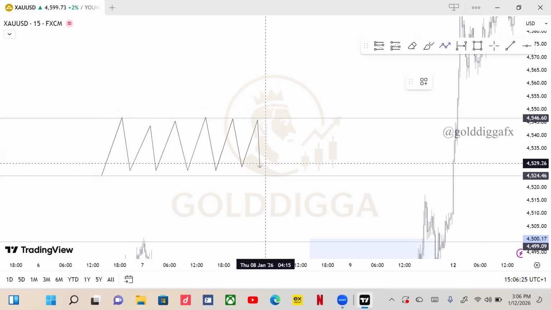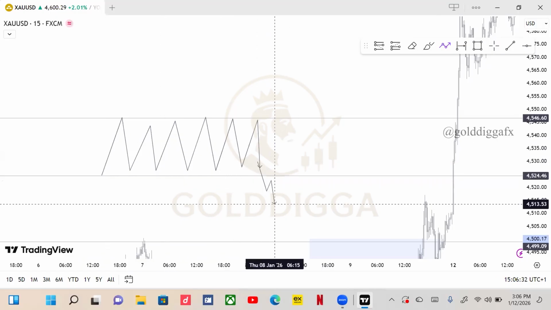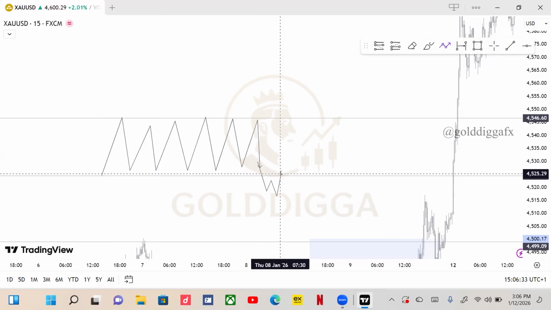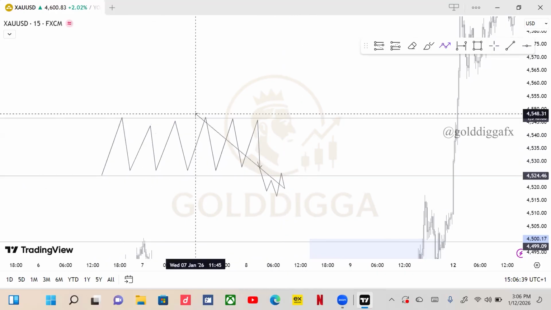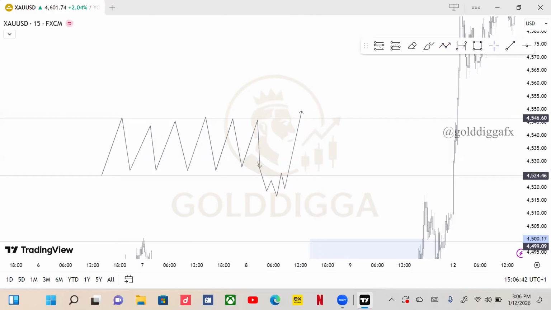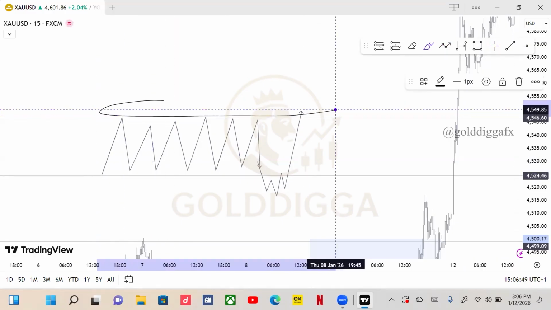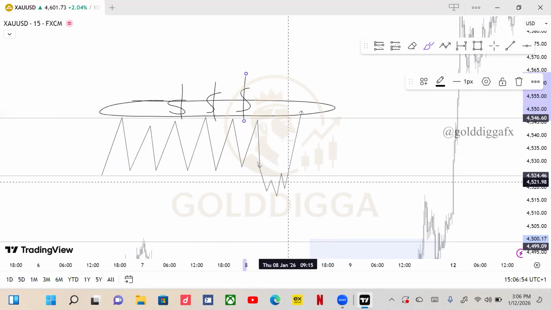And price happens to purge this low out. Once this low is out, what you just need to look for on your lower time frame is, how do I get a shift in structure or a break of structure? Once you get that and you're buying, your next target should be the range high. So now, because you know that you have a move that's targeted at taking out liquidity above here, your directional bias is bullish.